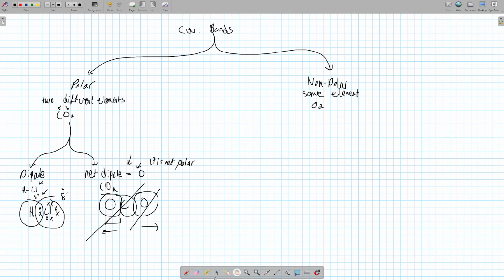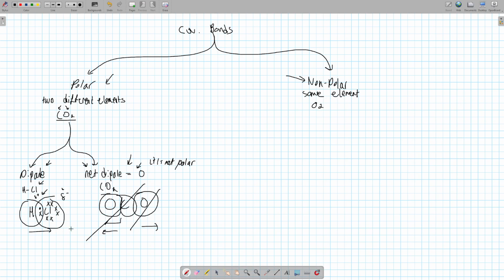So, in conclusion, bonds can be polar or non-polar, the covalent ones. For it to be polar, they have to be two different elements. For it to be non-polar, it has to be the same element. Moving on, a polar bond can be dipole or net dipole equals 0. For it to be dipole, there will be differences in electronegativity, and the structure is not repeated, like it doesn't cancel out.